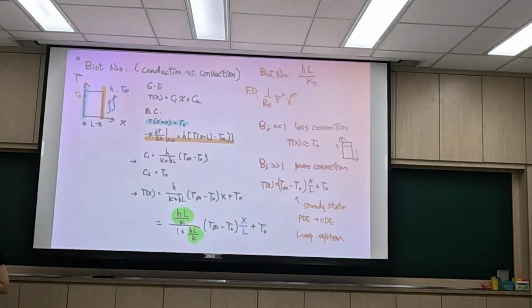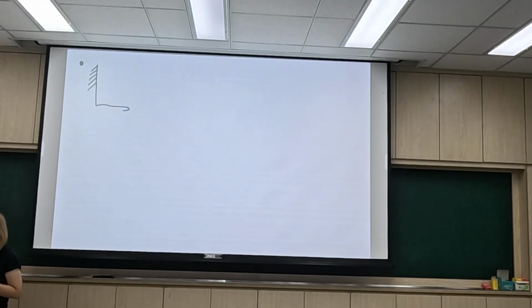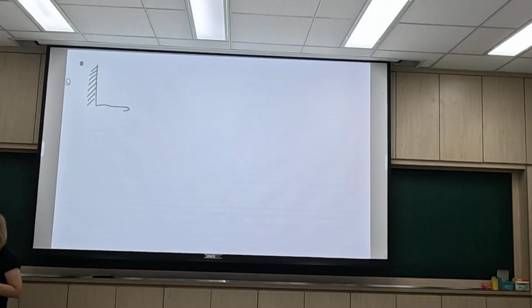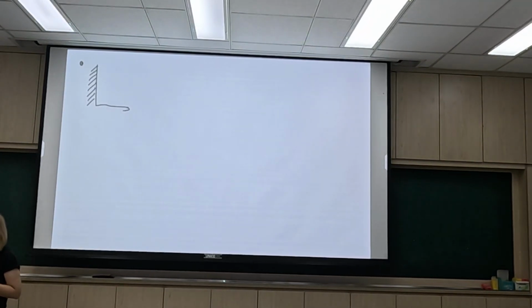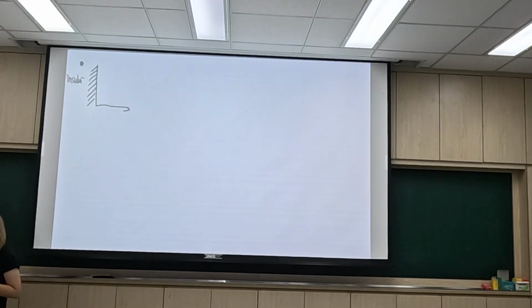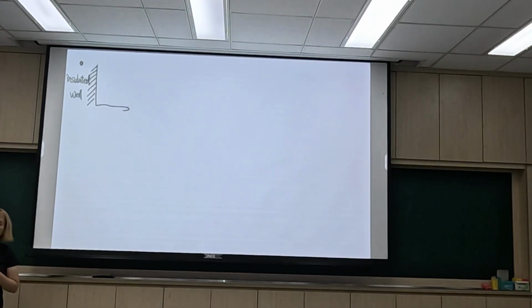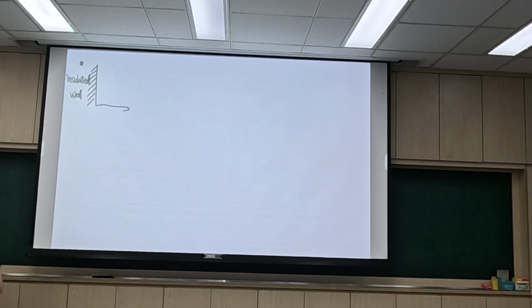So let me go back to the notes. Let's have an example. We have a wall, and the left-hand side is insulated, which means there's no heat flux in this direction.